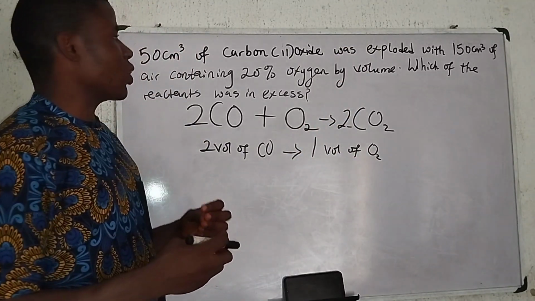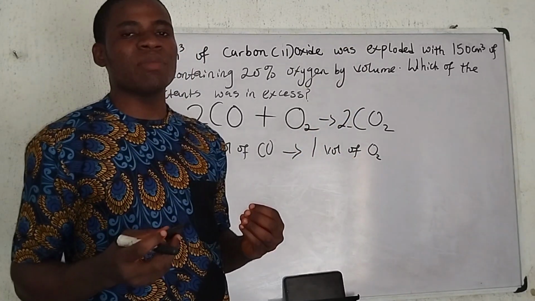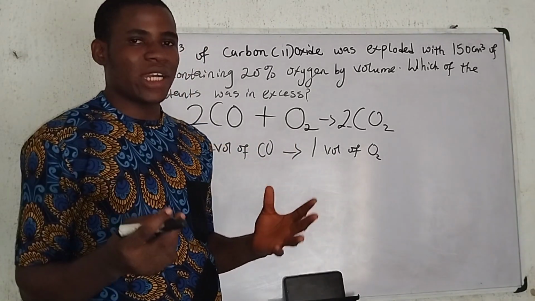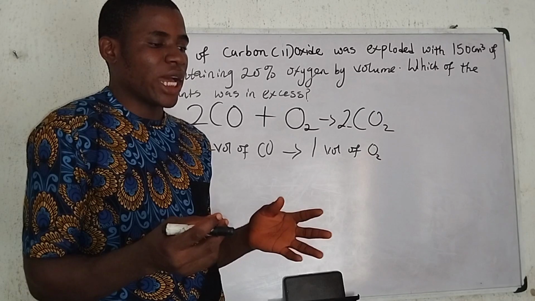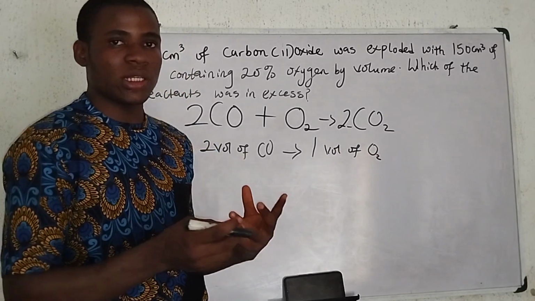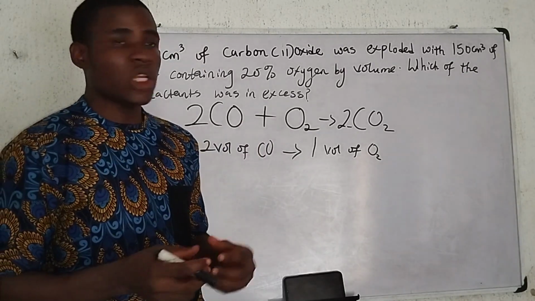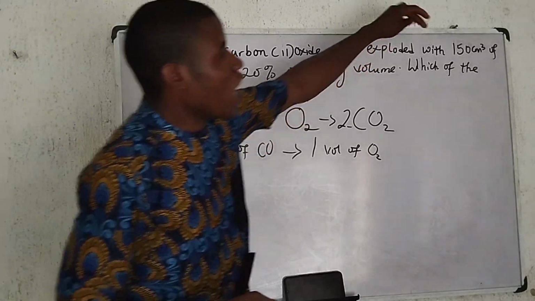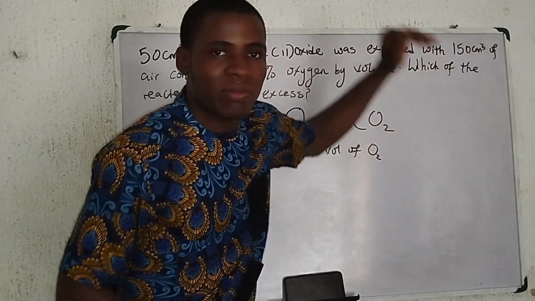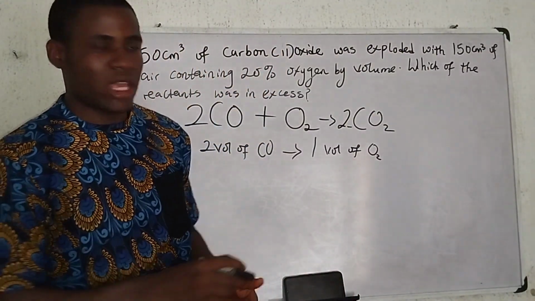The next question we ask ourselves is, since 50 cm³ of carbon monoxide was exploded with 150 cm³ of air, in that 150 cm³ of air, we've seen from our equation of reaction that it was oxygen that had to react with carbon monoxide. So we ask ourselves, what is the volume of oxygen in that 150 cm³ of air?